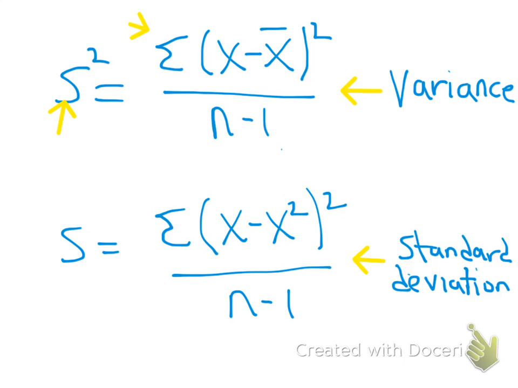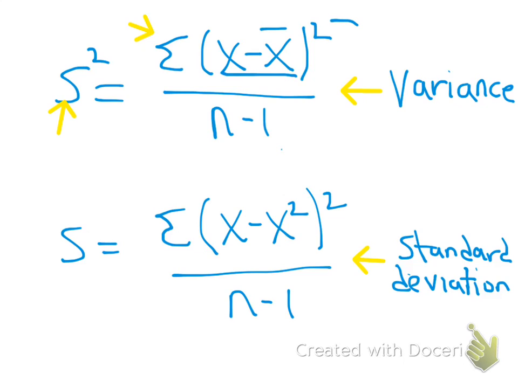And what we have here is a sum of the deviations between the individual scores, which is x, and the sample mean, which is x bar. And you calculate a deviation for each one of those scores that's in your sample, and then you square each of the deviations.